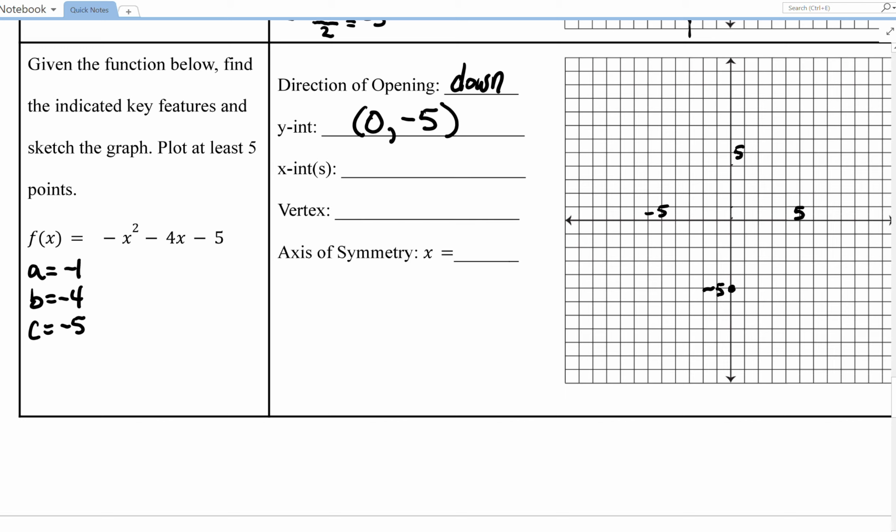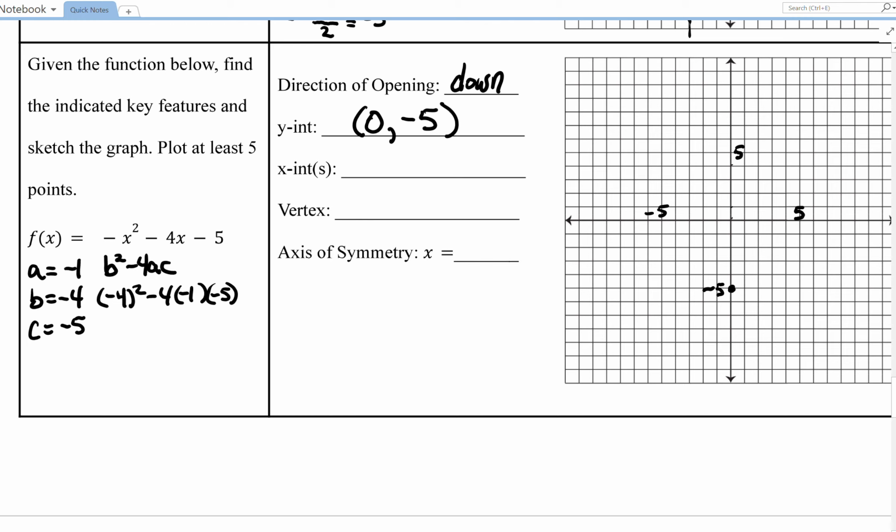And then my x-intercepts, if I plug in my b squared minus 4ac, my discriminant, that's blank squared minus 4 times blank. And b is -4, and a is -1, and c is -5.